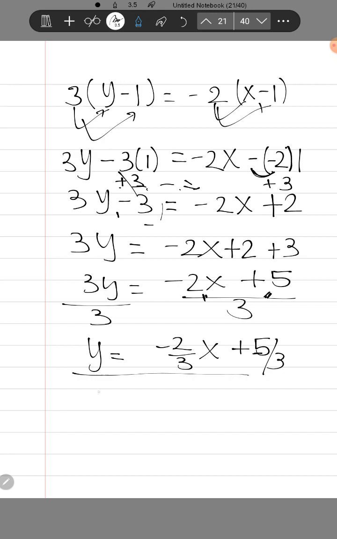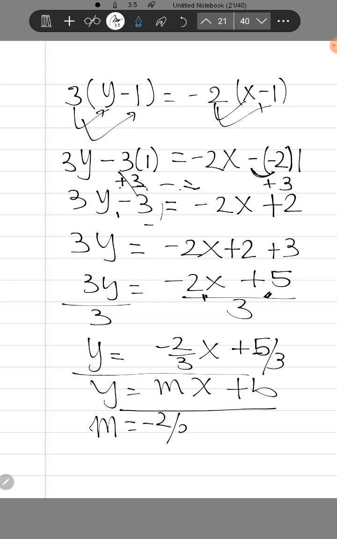From this equation, y is equal to mx plus b, the general form of a linear equation with two variables. We can just take the slope as minus 2 over 3 and the y-intercept as, just give 0 for the x value on the y-intercept, 0, 5 over 3.